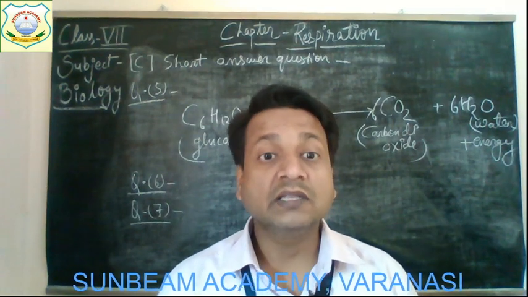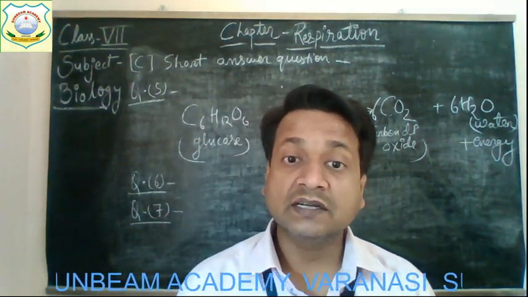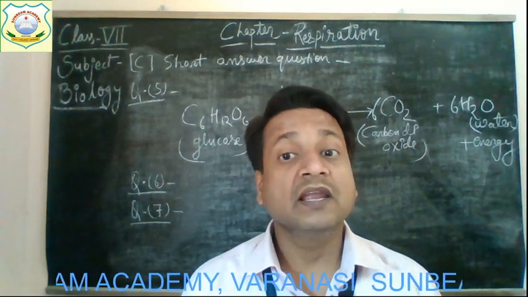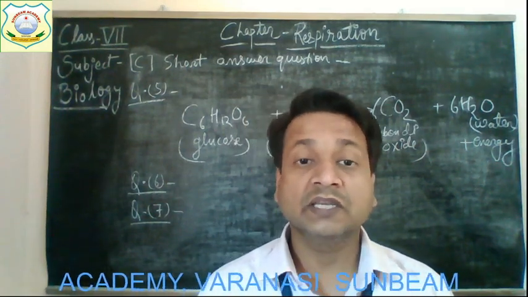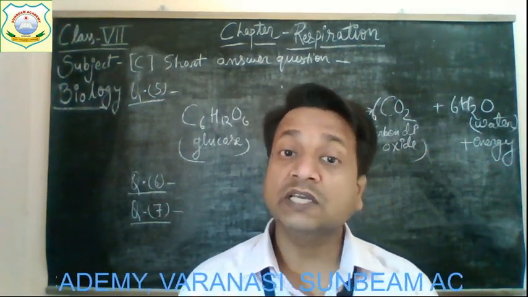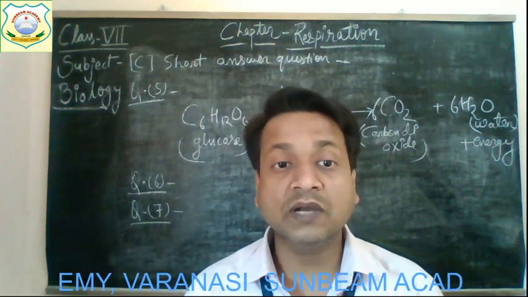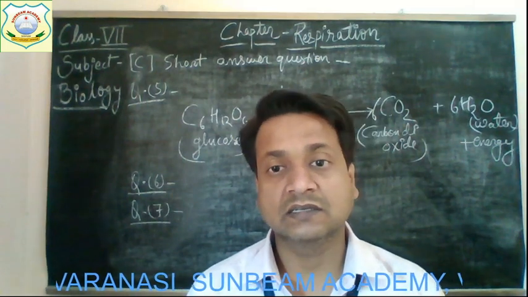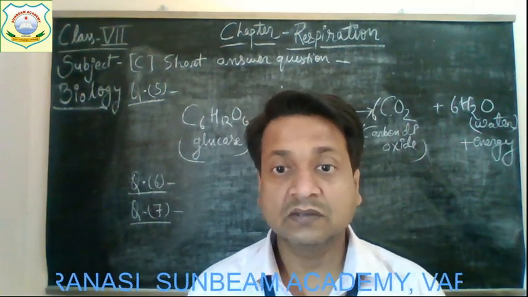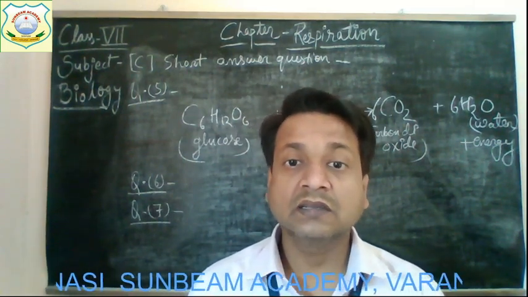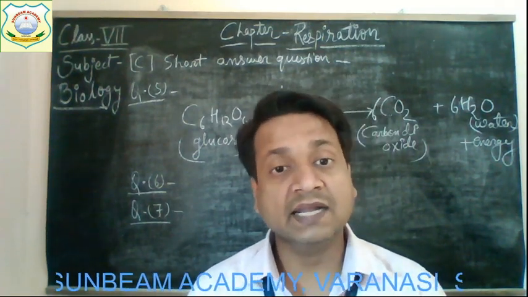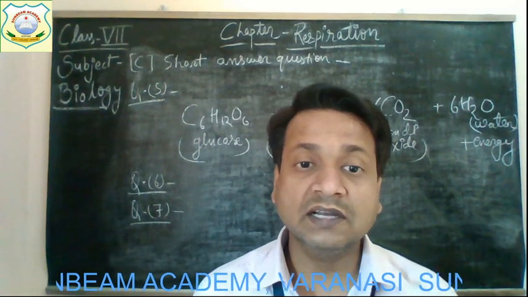So here, during anaerobic respiration in yeast, glucose is broken into alcohol and carbon dioxide and releases energy. Get it? What is the chemical reaction? The glucose breaks into alcohol and carbon dioxide and releases the energy.